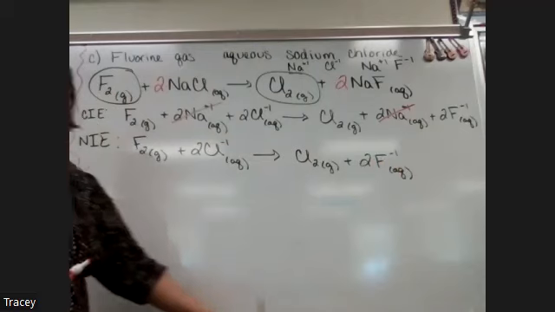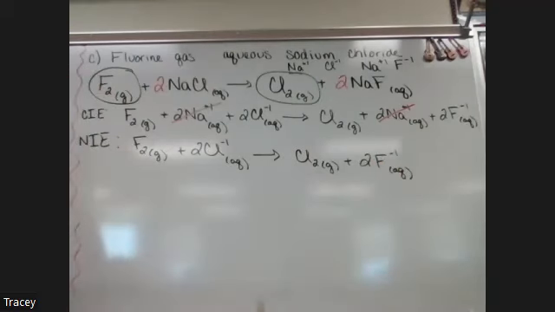Now don't get confused with non-metal replacement. Reduce and oxidize mean the same thing in non-metal replacement as it does in metal replacement. Okay? So reduce still means goes down.